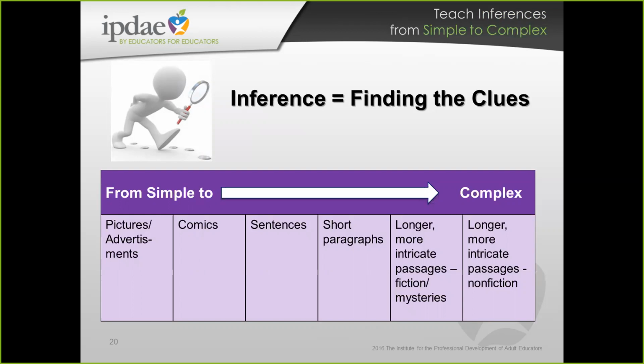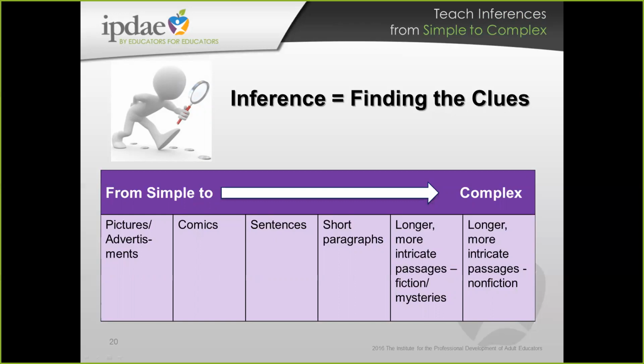If we teach the strategy there and move towards those longer, more intricate passages, going from the pictures and advertisements to the comics, editorial cartoons, then into script or text at the sentence level, then short paragraphs, and then both fiction and nonfiction, our students really will find that making inferences is not that difficult.